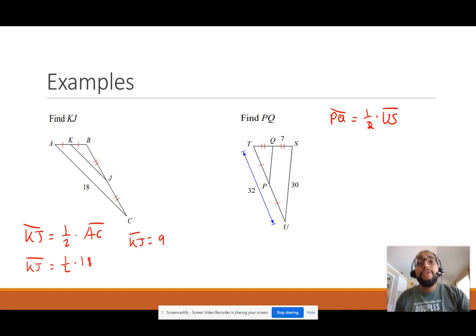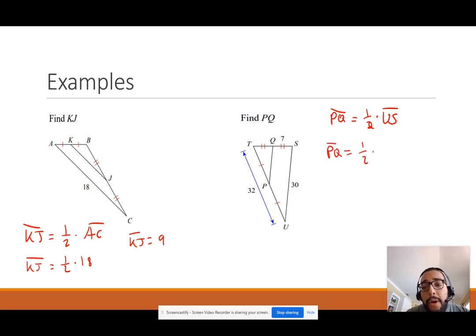Again, PQ, which is the mid segment, is 1/2 times my triangle's base, which is US. So I don't know what PQ is because that's what I'm trying to find, but I do know that US is 30. So 1/2 times 30 is the same thing as 30 divided by 2, which is just 15.